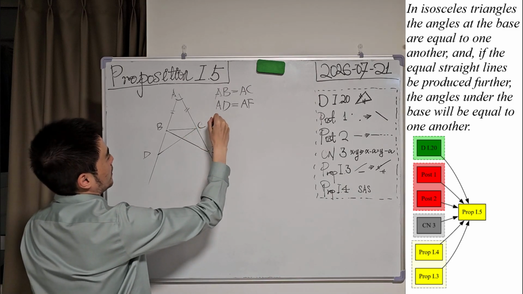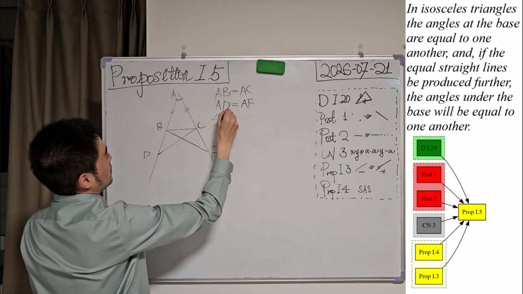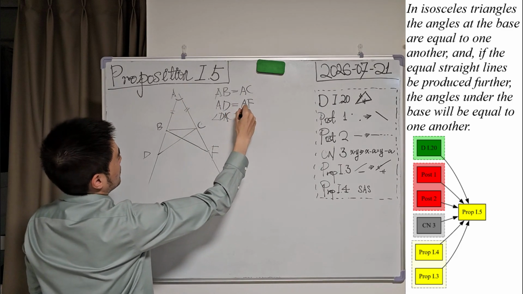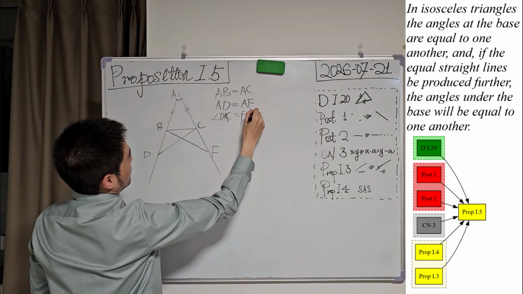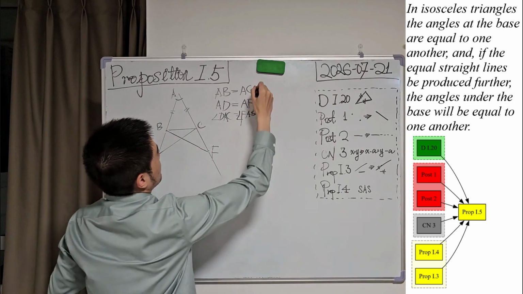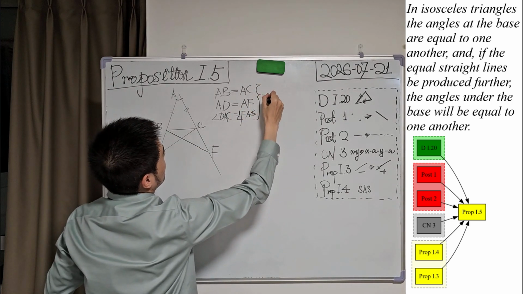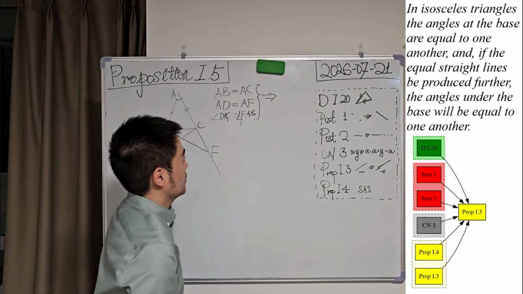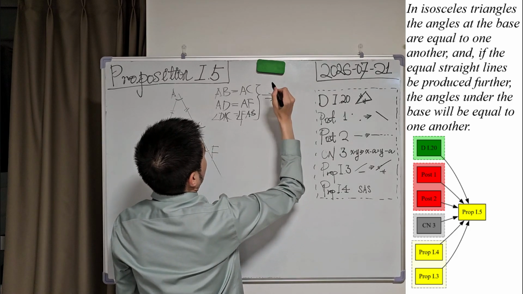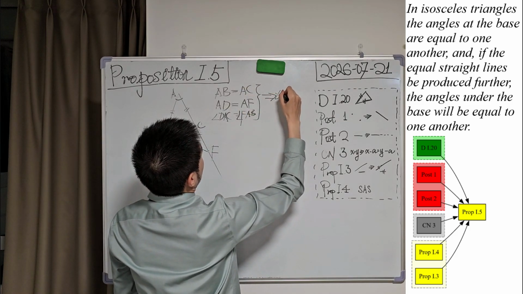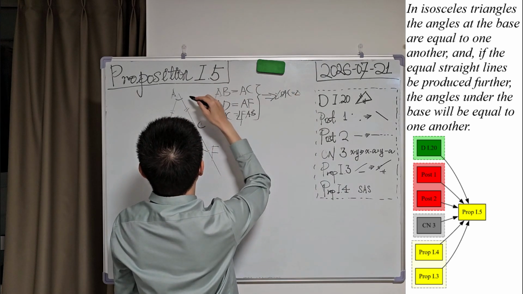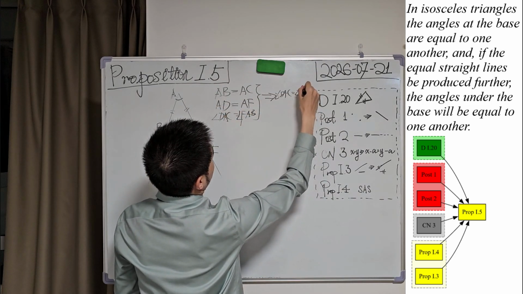So we have angle DAC is equal to angle FAB. And because of proposition 4, we know that triangle DAC is equal to triangle FAB.